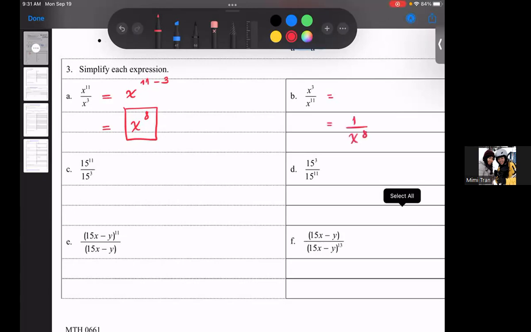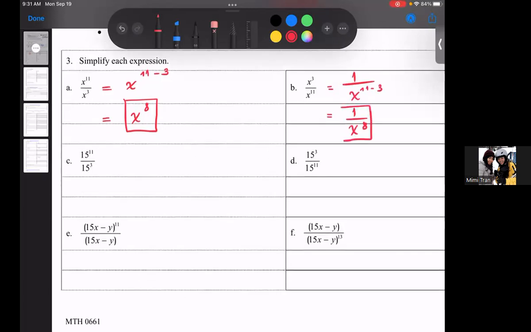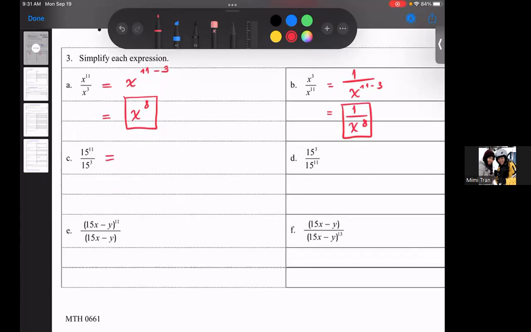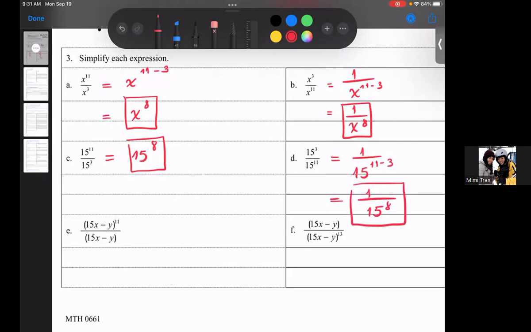Very good. Really like that, just for the sake of the note. C. Good. I'm not sure how big your calculator can take. I'll leave it like that, okay? It's not important. You can plug this in your calculator, right? You know how. What's important is you know the math. And then D. Again, it's not important. The math is important.